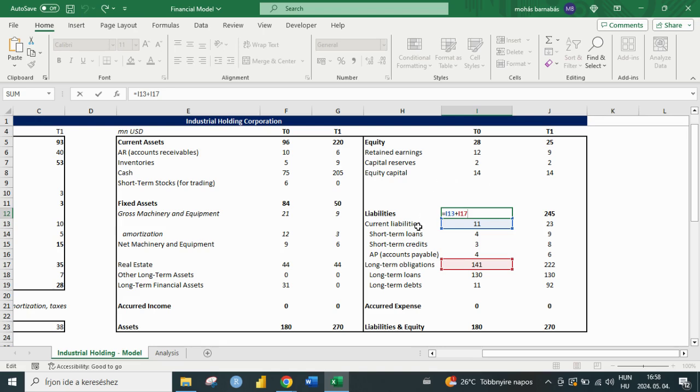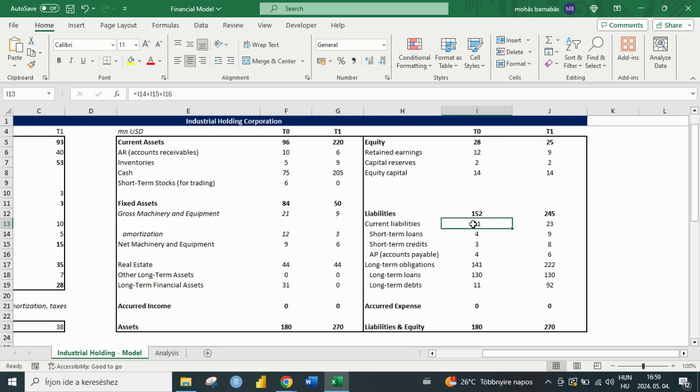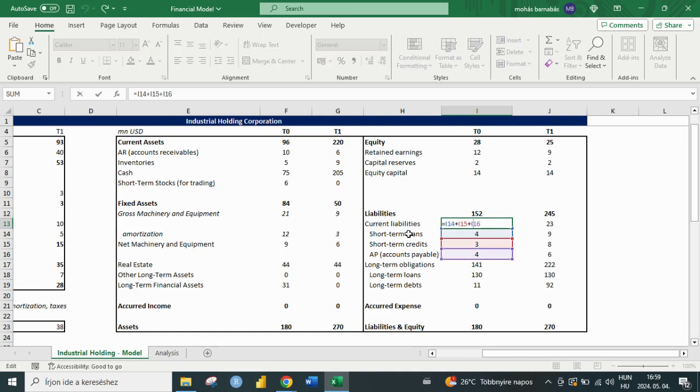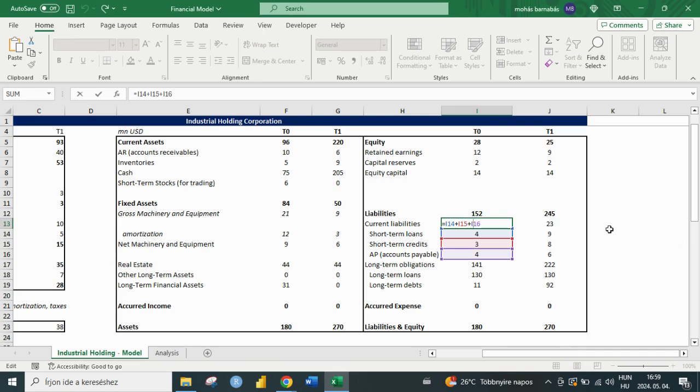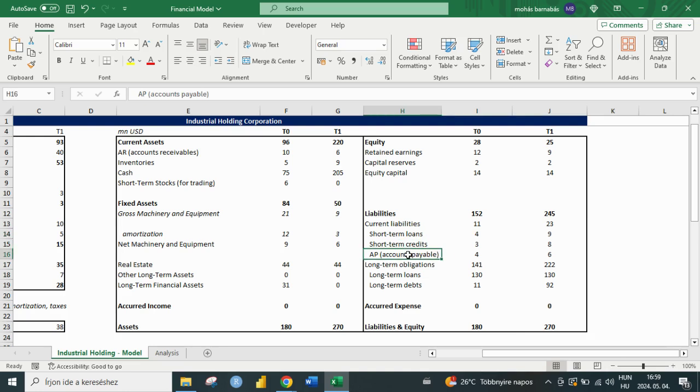So we just simply add up the current ones with the long-term ones. The current liabilities consist of short-term loans, so loans with a shorter tenure. So actually, short-term loans, short-term credits, and accounts payable. Let's start out with what accounts payable means.